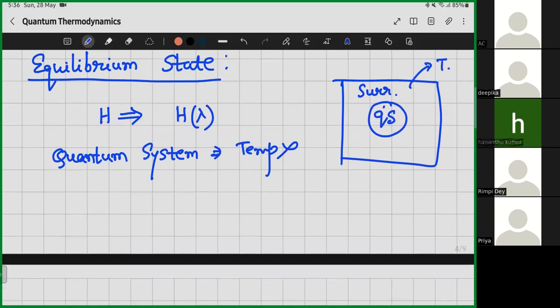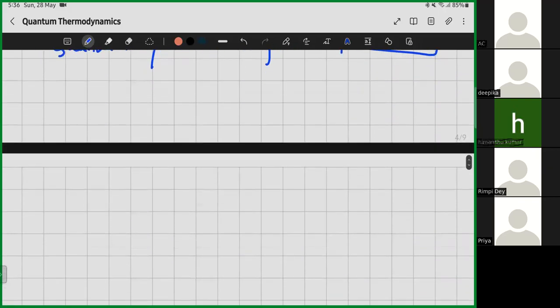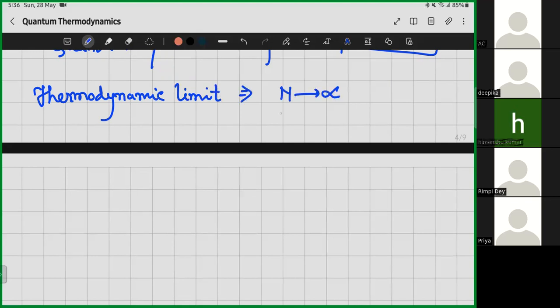This part is important because I forgot to say this: the thermodynamic limit. Classical thermodynamics is valid when N tends to infinity, V tends to infinity, but N/V is finite. That should hold.